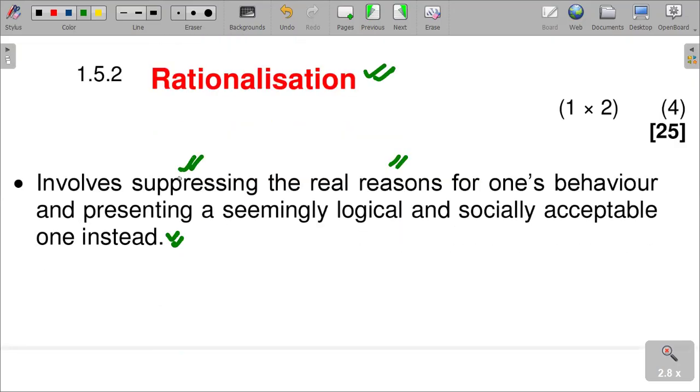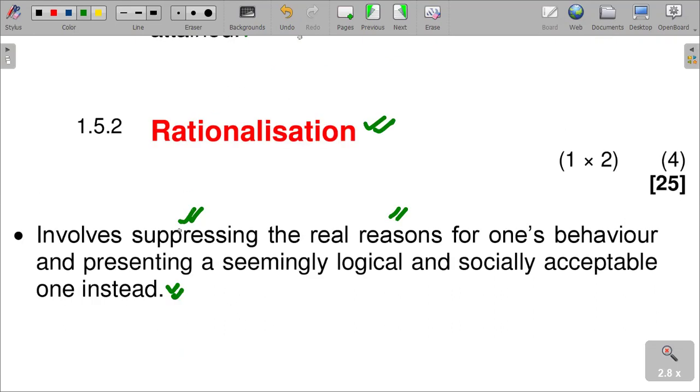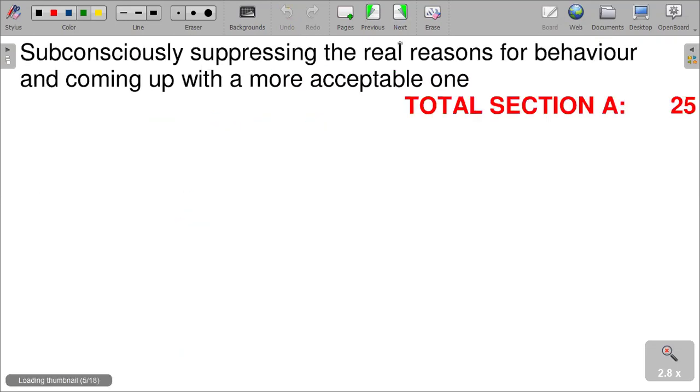Let's go to the next question. I was saying that with regard to that, we can also understand that it can be subconsciously suppressing the real reasons of behavior and coming up with a more acceptable one. So in other words, rationalization can be happening subconsciously, where there is suppression of the real reasons for the behavior and coming up with a more acceptable one.